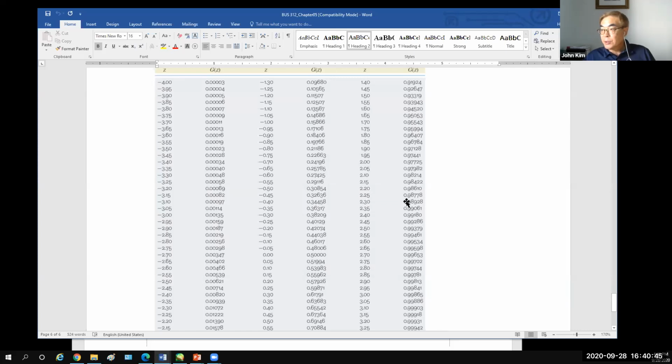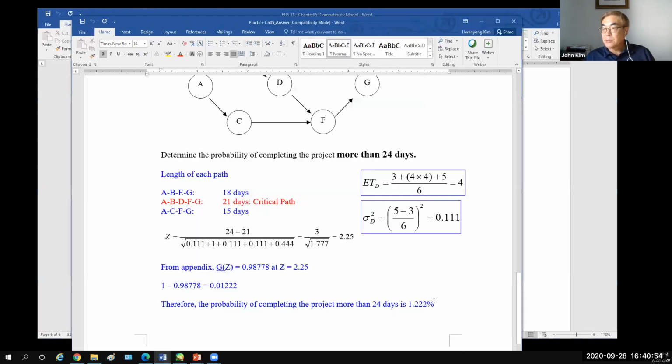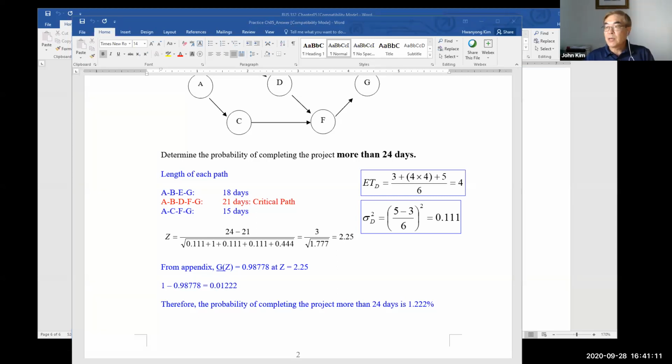At 2.25, the area is 0.98778. So the answer is 1 minus 0.98778 equals 0.01222, because this one asks for the right side: greater than, more than, or longer than.